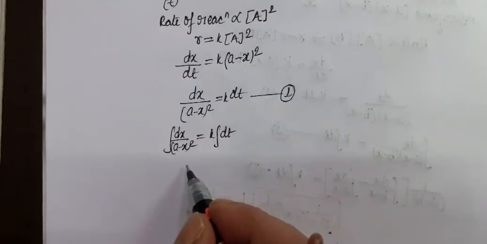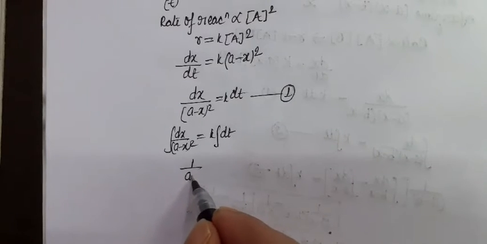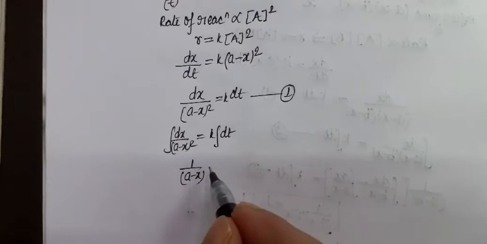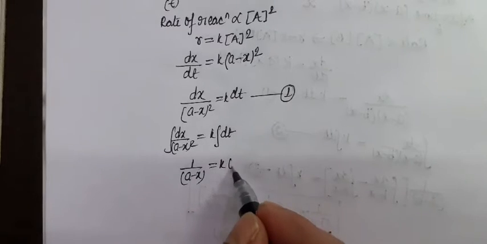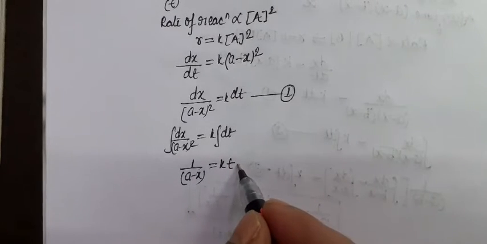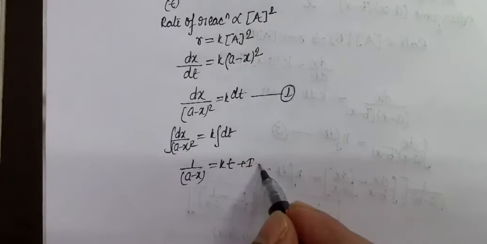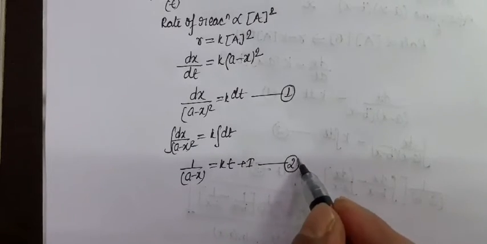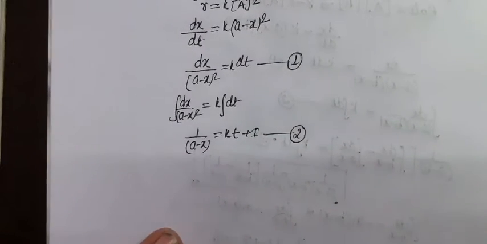Integration of dx by a minus x whole square, we can write as 1 by a minus x. Integration of dt becomes t plus I, where I stands for the integration constant.